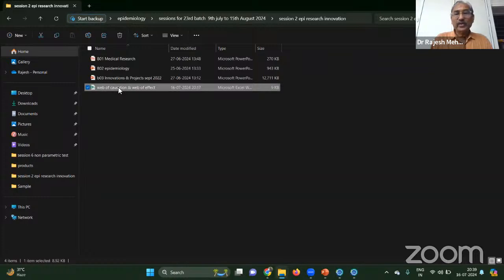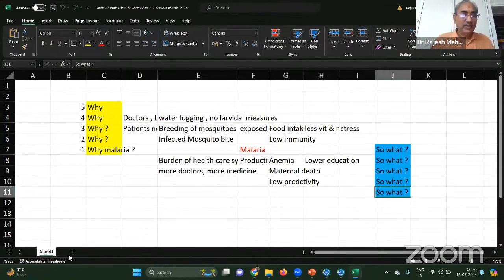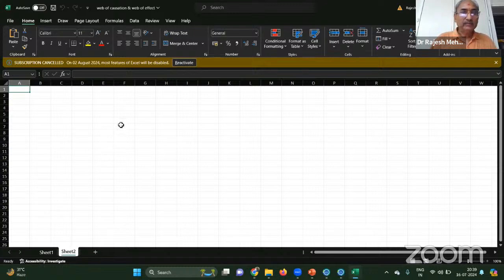Now the question is, if you have 10 variables and you want to compare 10 variables with the other 10, the same 10 variables, how many tables will you have?